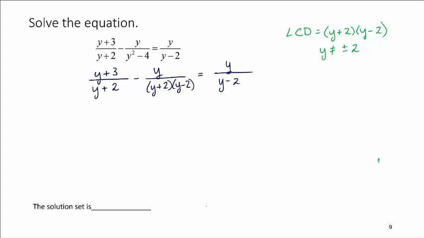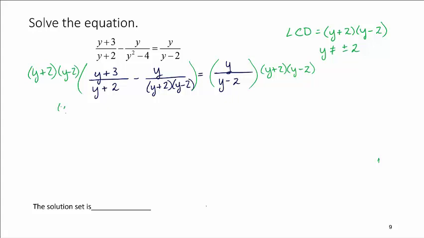Okay, so to solve this now, I'm going to multiply both sides by (y + 2) times (y - 2). So I'm going to write a step now that's maybe not completely necessary for all of you, but if it helps you to see it, do write it. On the left-hand side, we're multiplying that entire LCD to both of the terms that we see there, right?